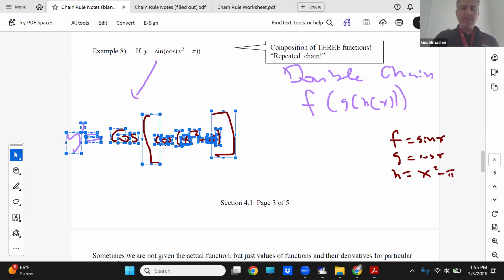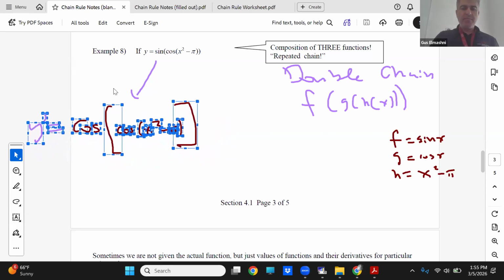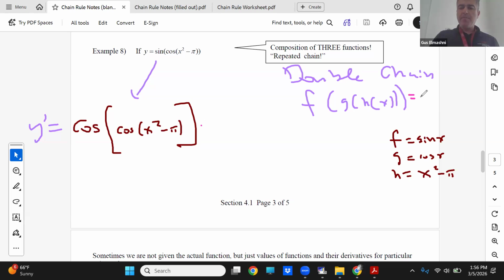Very far from done. Times, now I have to do the derivative of cosine. And by the way, here's how the rule goes. My apologies, I didn't write this out earlier. F prime of g of h of x times g prime of h of x times h prime of x.